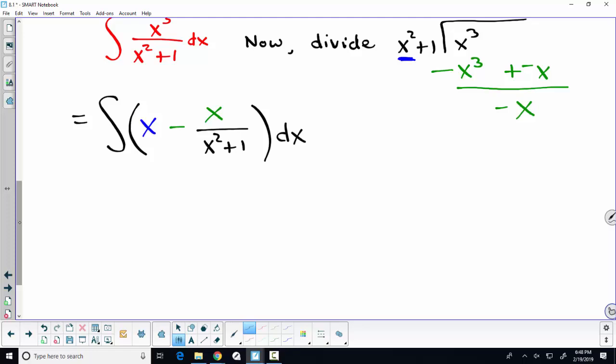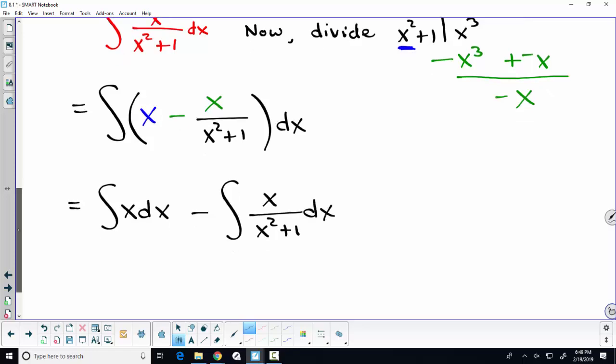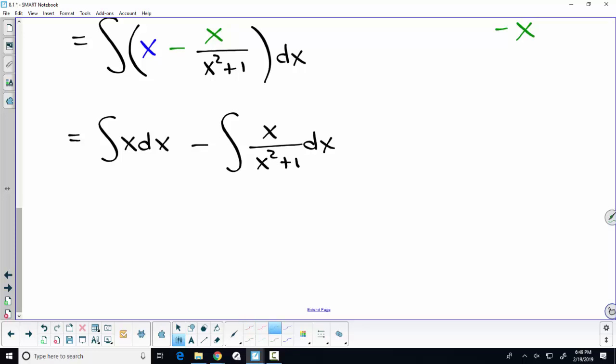Okay. All right, so let's just break this up. Integral of x dx minus the integral of x over x squared plus 1 dx. So our u is x squared plus 1. And there's a pattern here to these types of things that we're going to point out. Once you notice them, it's going to make integrating things of this form a lot simpler, I think.